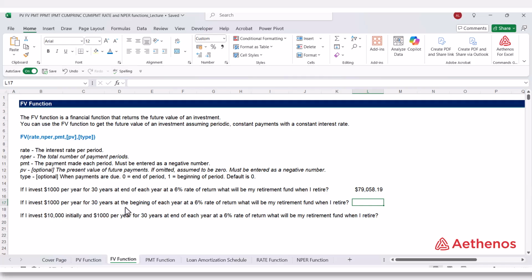So again, using the same example, here we did end of each year. Here we will do beginning of each year and see what the retirement fund will be.